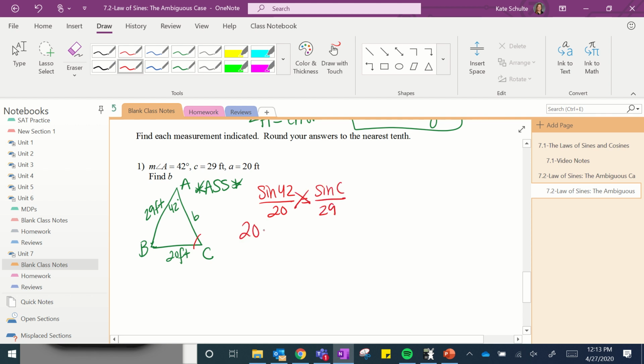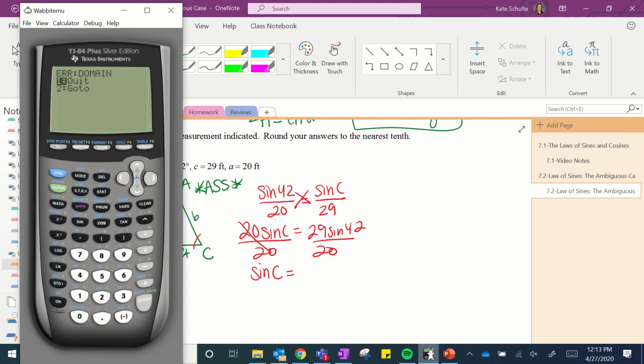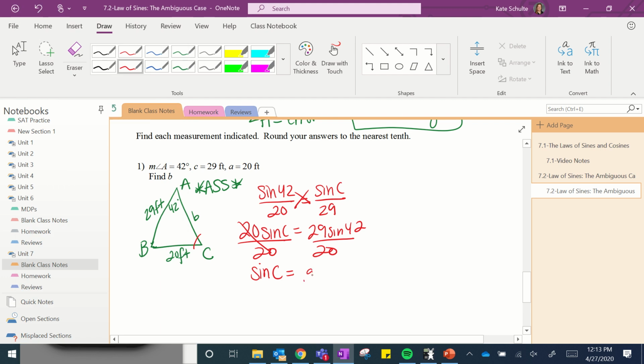All right, so we have 20 sine of C equals 29 sine of 42. Divide by 20. Sine of C equals 29 sine 42 divided by 20. So that's 0.97. And then take sine inverse of both sides.